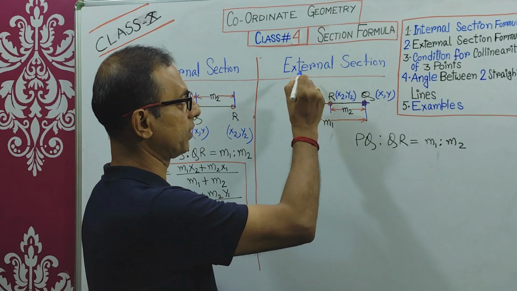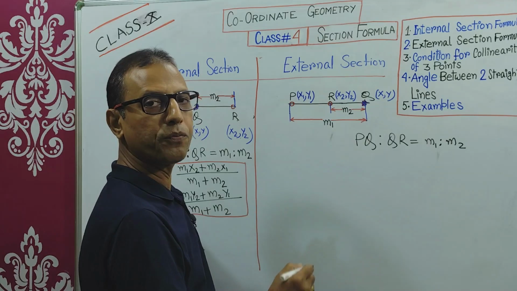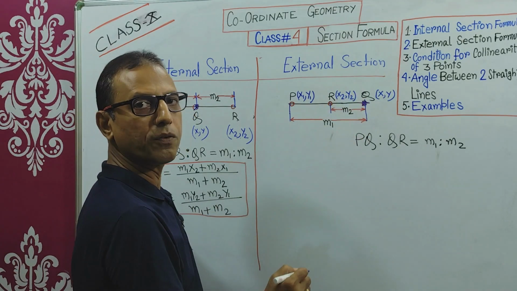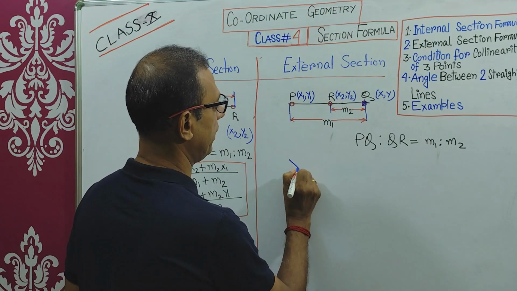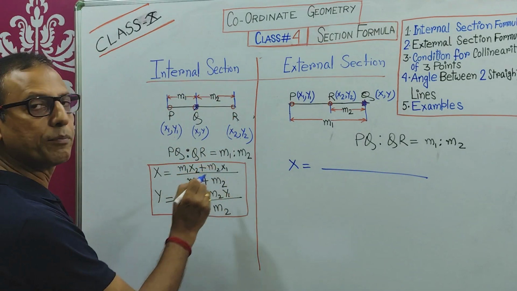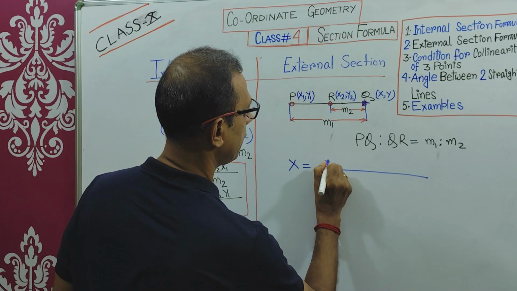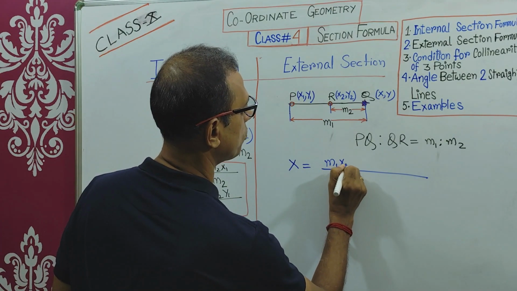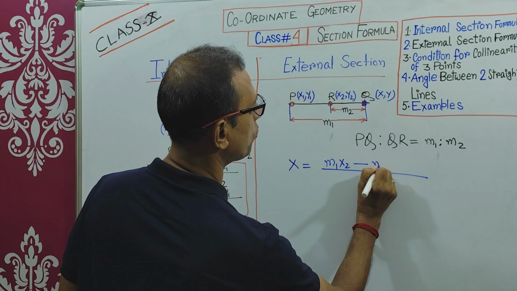So in this case, for the external section, what will be the formula to find the coordinate of Q, xy? So the formula is x equals, here it was M1 x2 plus M2 x1, here it will be M1 x2 minus M2 x1.